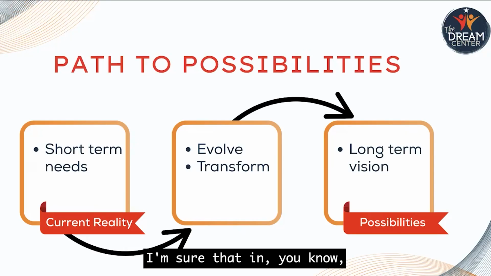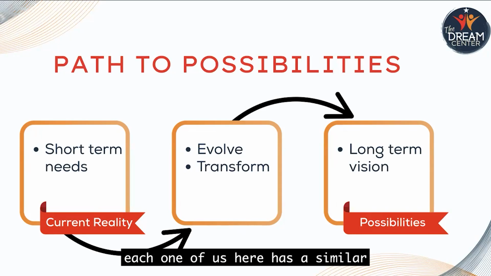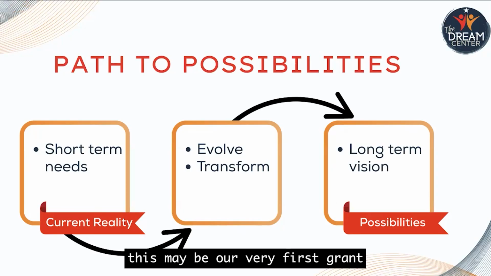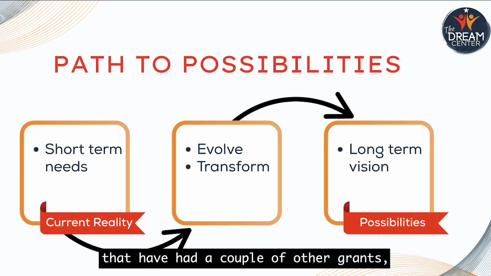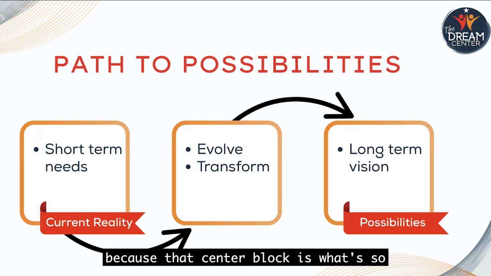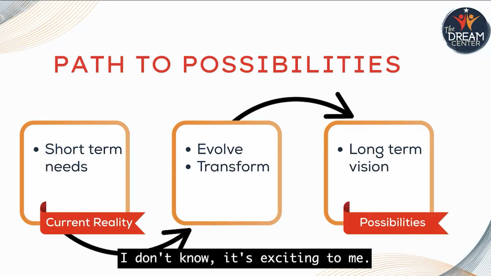Now, I'm sure that in the section of your grant application, you wrote down the national needs and your state needs and your local needs, which is good. That's your current reality. Each one of us here has a similar but different current reality. Also, some of us, this may be our very first grant that we've ever gotten. Yay, major congratulations to you. Some of you might be folks like me or others that have had a couple of other grants, but really each is different because that center block is what's so exciting to me.